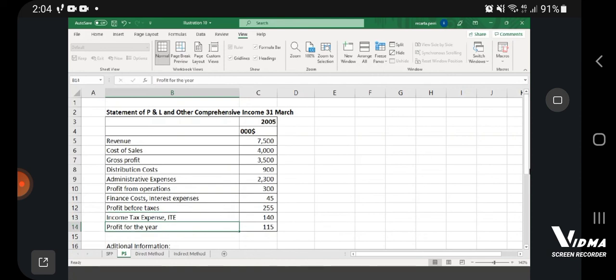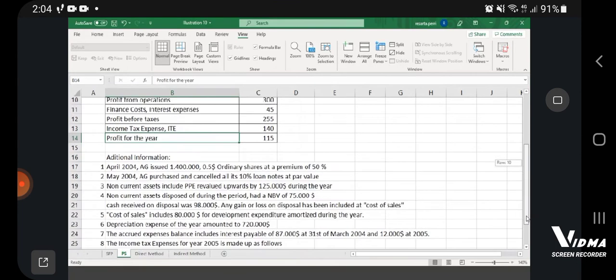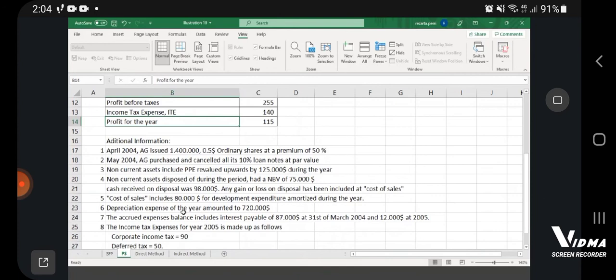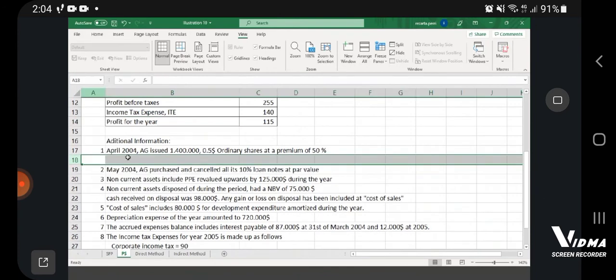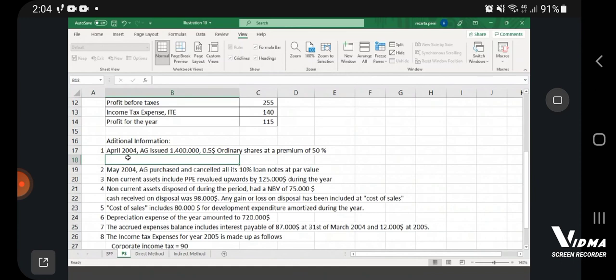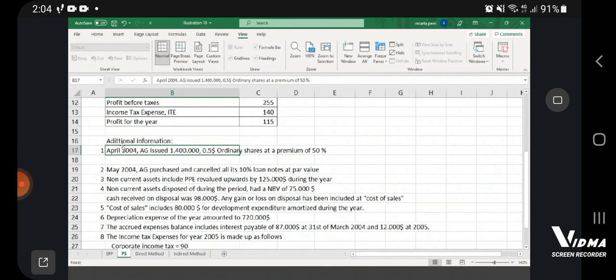We also usually have some further information, and we read that very carefully, and in case we can make any calculation, we can do that now because it will be helpful later. For example, the first piece of information is that in April 2004, the company issued 1,400,000 ordinary shares.